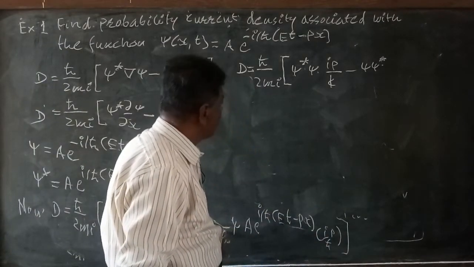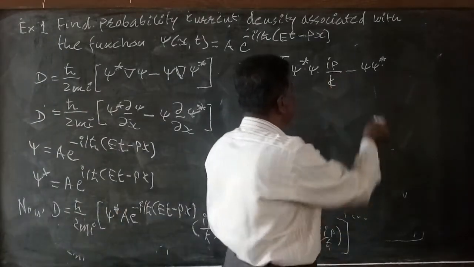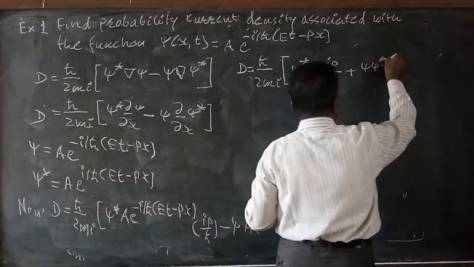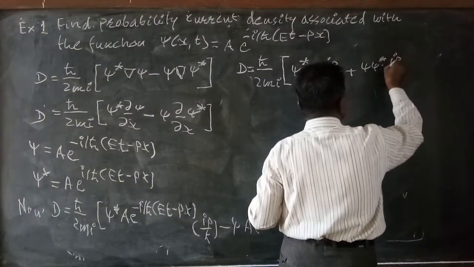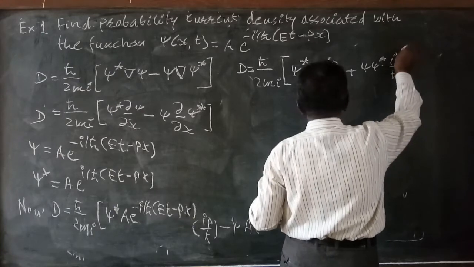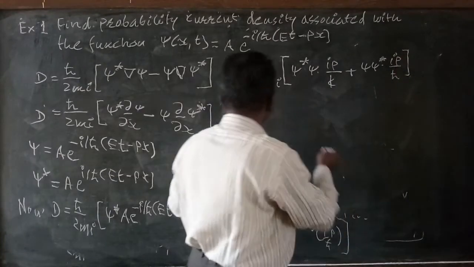Here minus and this minus become plus. So here again we are getting ip divided by h cut. So this is the next equation.